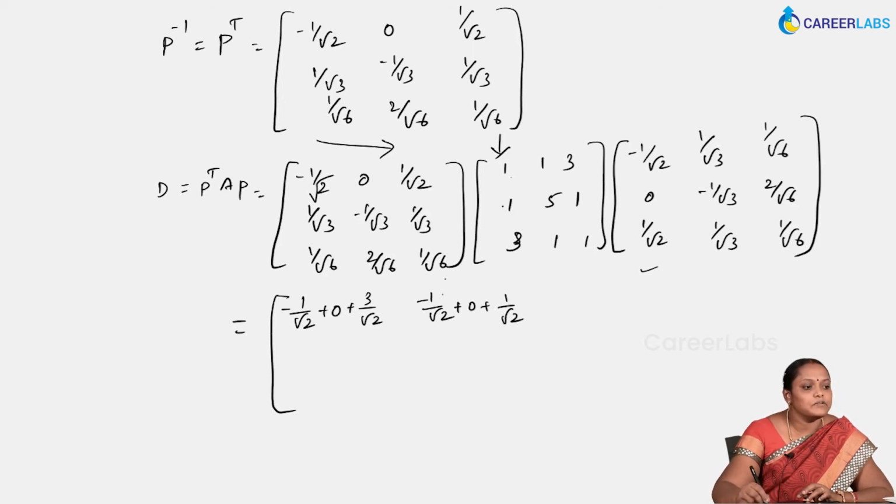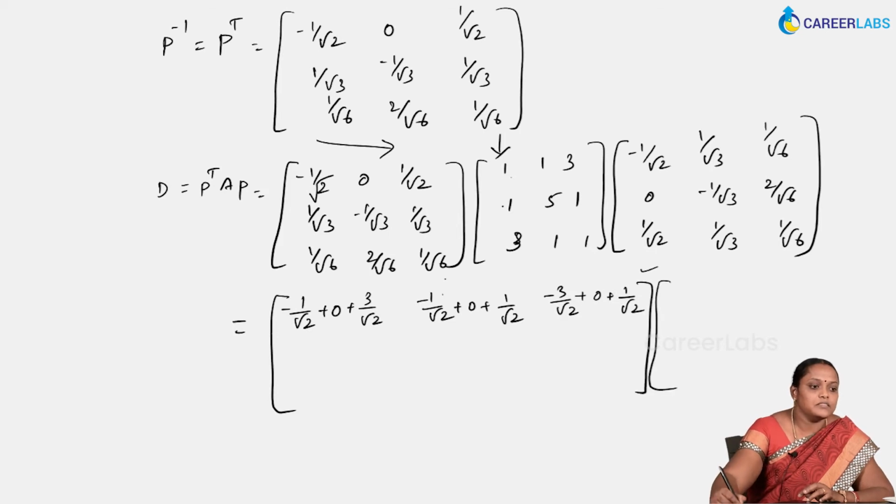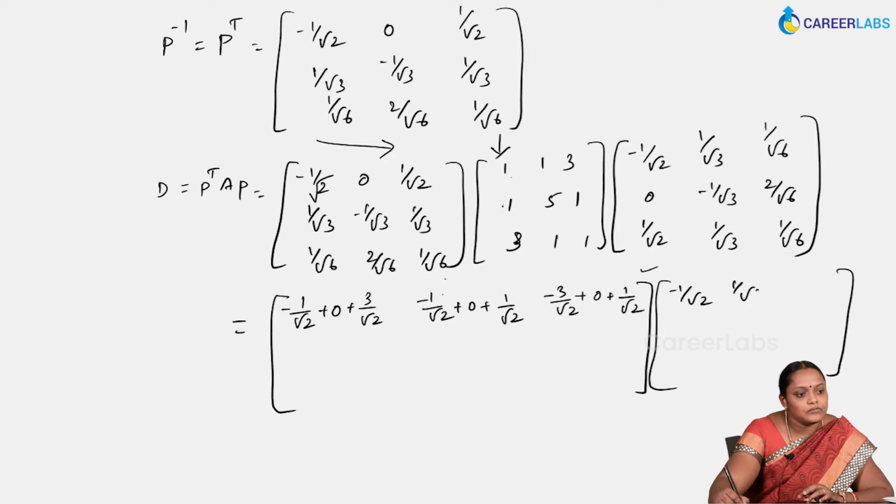And the third element will be minus 3 by root 2, 0 into 1 is 0, plus 1 by root 2. And this will remain as it is, that is minus 1 by root 2, 1 by root 3, 1 by root 6, 0, minus 1 by root 3, 2 by root 6, 1 by root 2, 1 by root 3 and 1 by root 6.